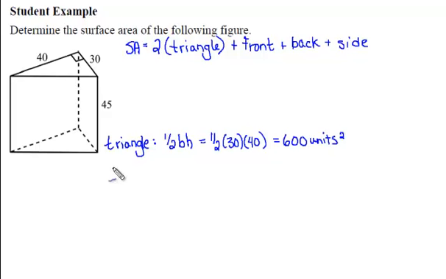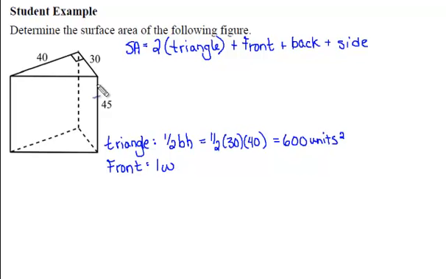Next I have my front. Okay, the front is just simply a rectangle. The area of a rectangle is length times width. Now here's a little bit of a trick with this one.